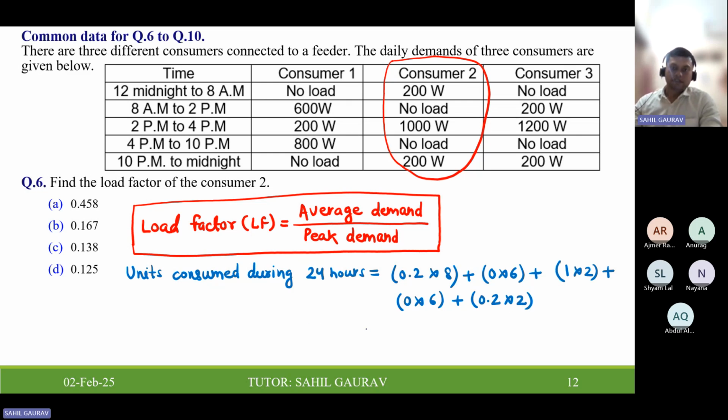So you will get 1.6 plus 2 plus 0.4. So it is 4 kilowatt hour. The unit consumption during 24 hours is 4 kilowatt hour. Now we can find the average demand.